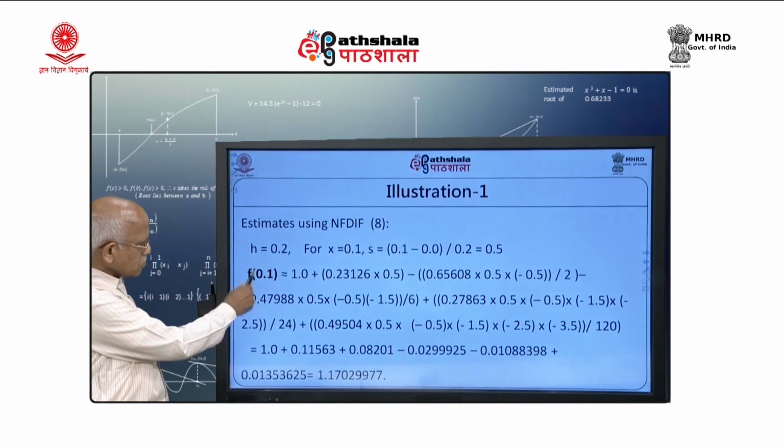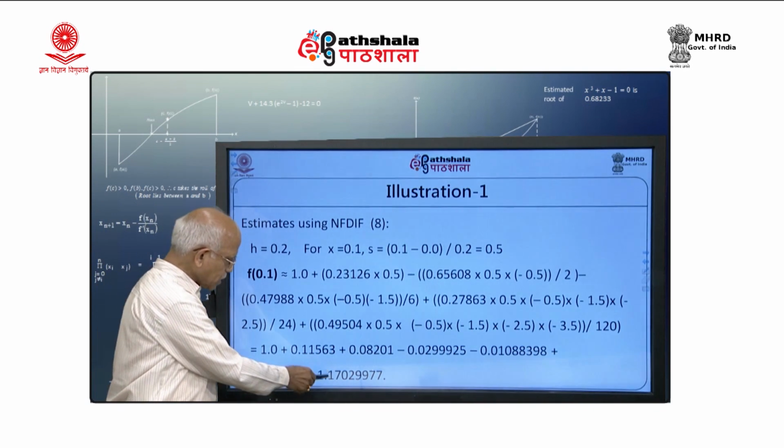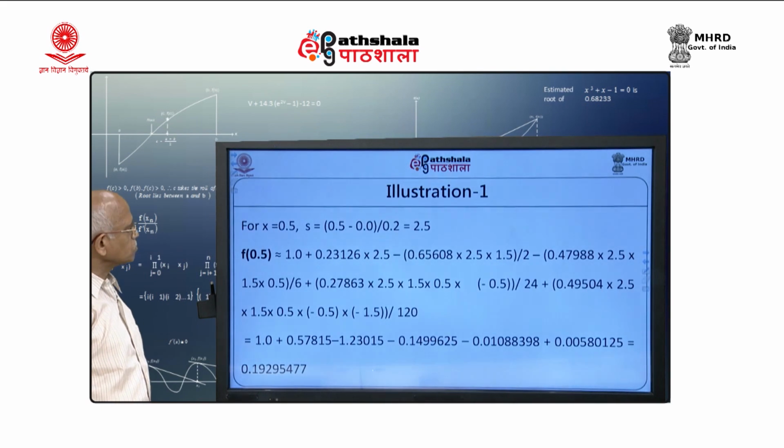On simplification we get the value 1.17029977. So, this is the value of f 0.1 we get using the forward difference interpolation formula.